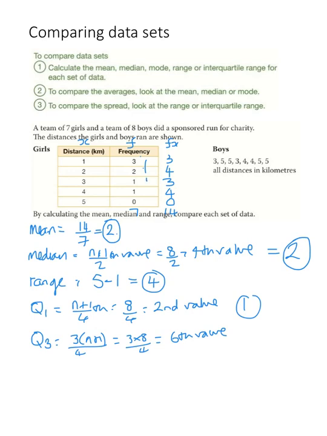So our sixth piece of data is going to be a 3. So our interquartile range for the girls is going to be 3 minus 1, which equals 2. So here I've got all the information for the girls.